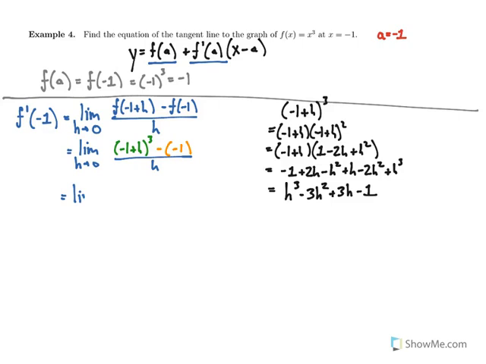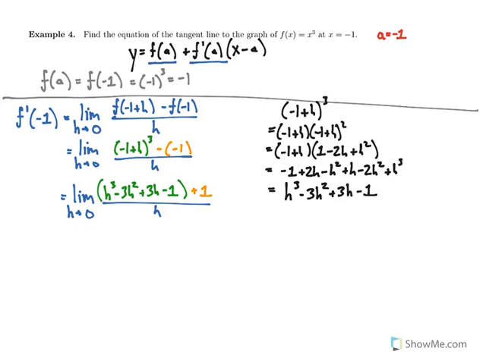So, going back to our limit, we have negative 1 plus h cubed is going to be h cubed minus 3h squared plus 3h minus 1. Then we have a plus 1 from f of negative 1 all over h.